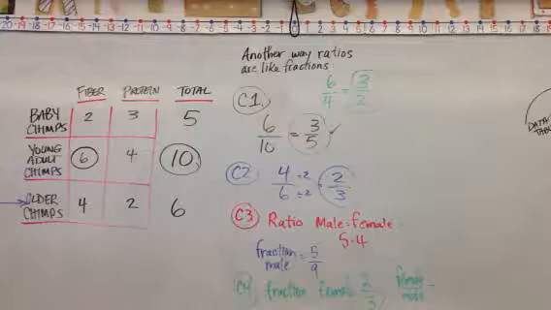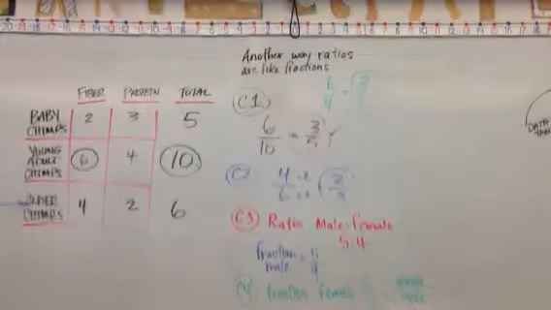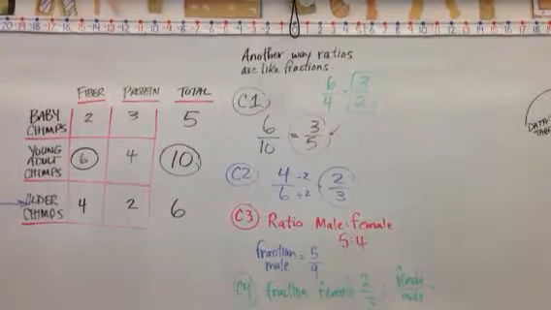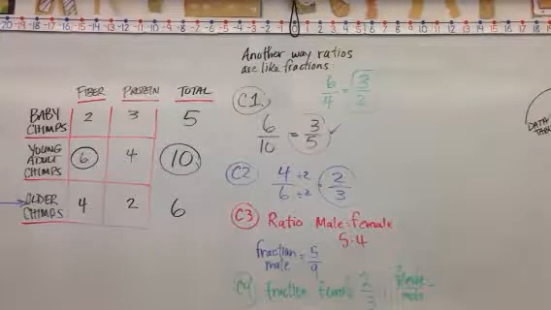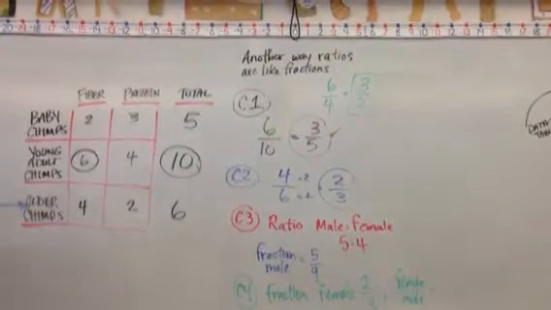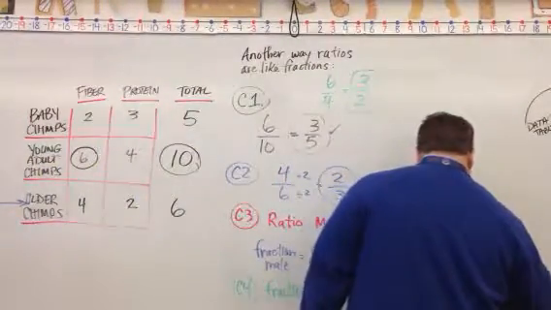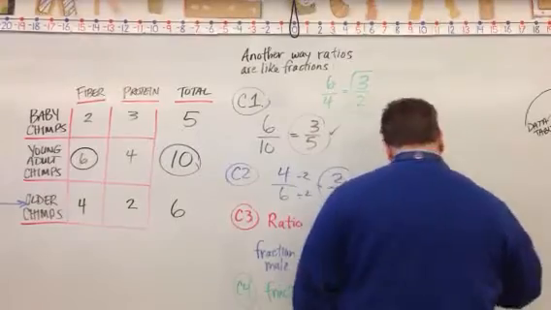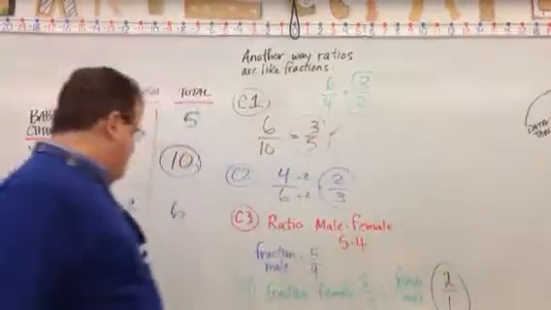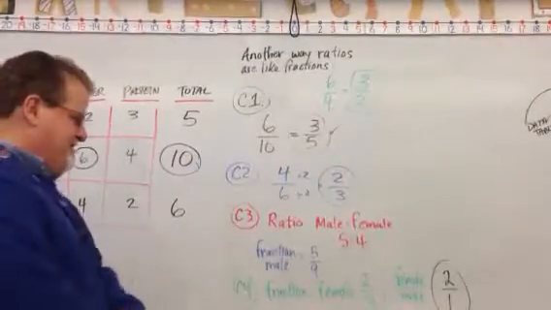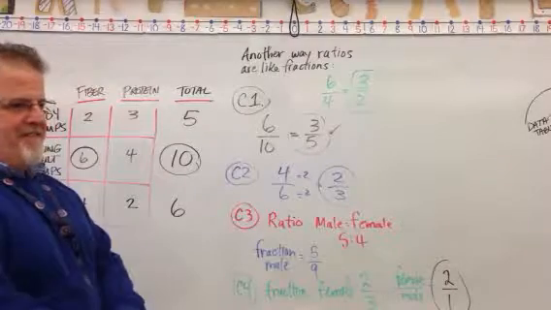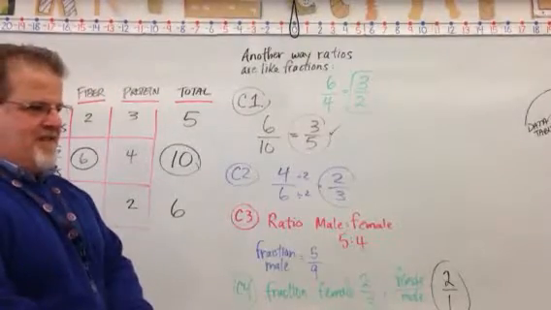Bryce, how about you? I got 2 to 1. 2 to 1. How did you get that, Bryce? Since 2/3 of the chimps in a zoo are female, then that means 1/3 is male.